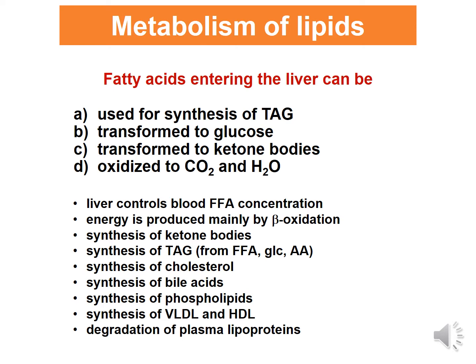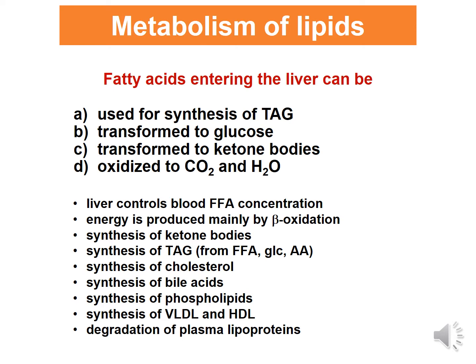So again, fatty acids entering the liver can be used for synthesis of triacylglycerols, can be transformed back to glucose or ketone bodies, or can be oxidized to CO2 and water. The liver controls blood free fatty acid concentration, and energy is produced mainly by beta oxidation.